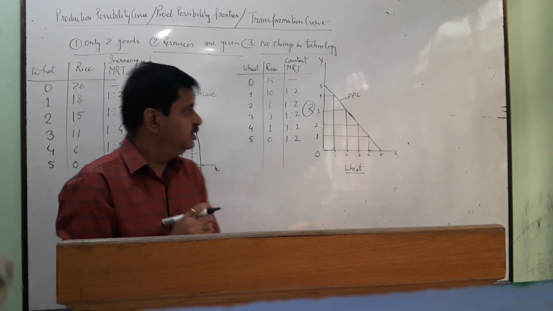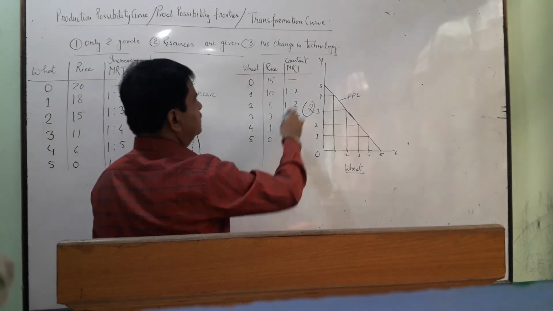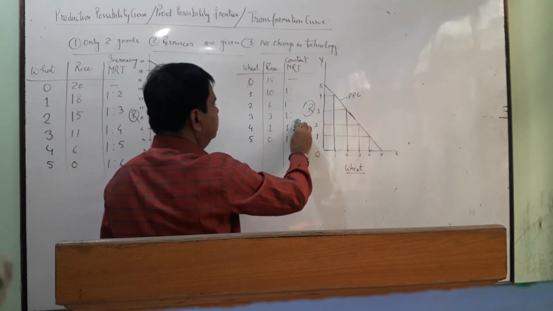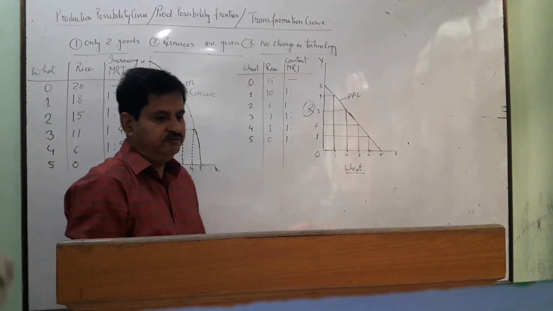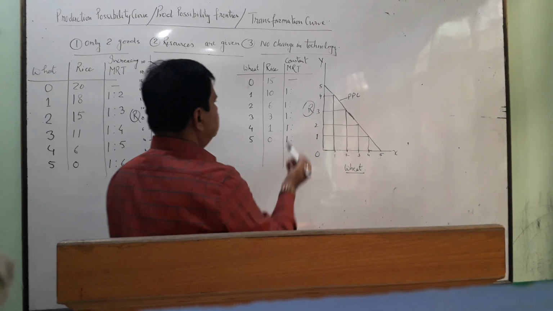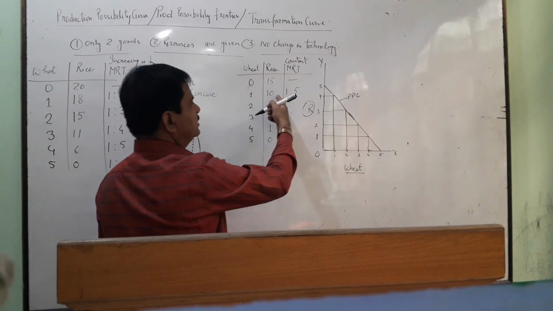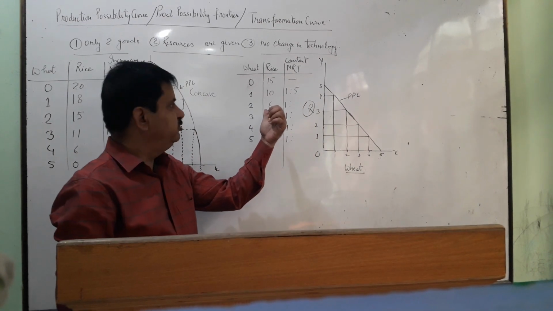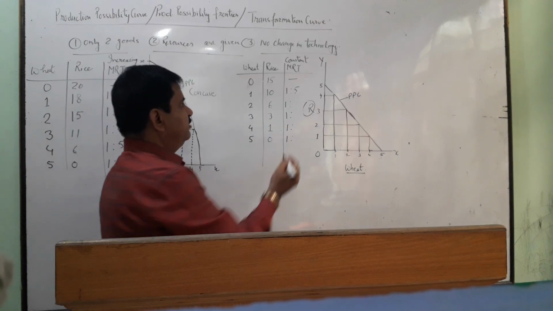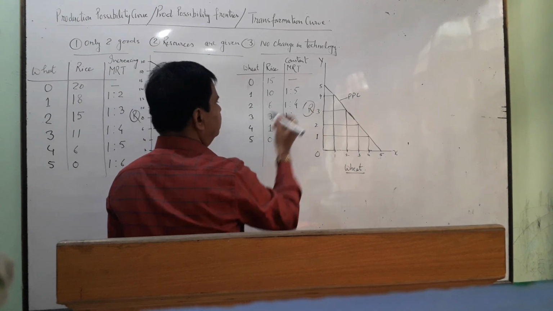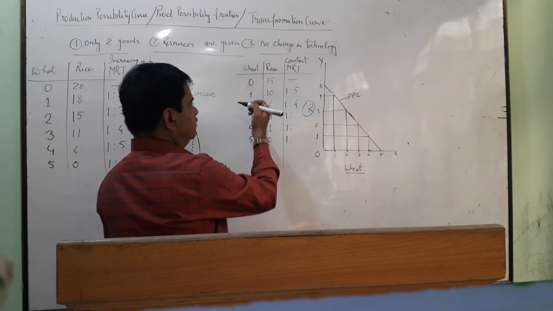Now we see, for increasing every 1 unit of wheat, we had to sacrifice here 5 units of rice. For increasing 1 unit of wheat, we had to sacrifice 4 units of rice.